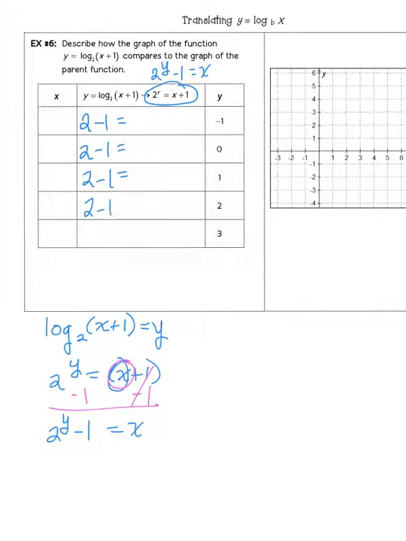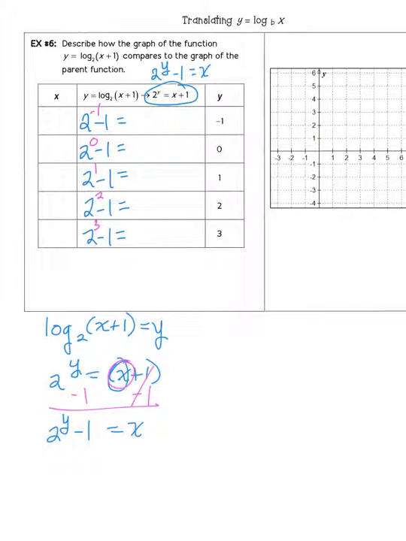So kind of working backwards in our table. And then my exponent is going to be my y. So my y in this case is negative 1, 0, 1, 2, and 3.